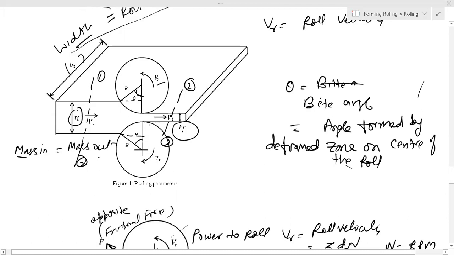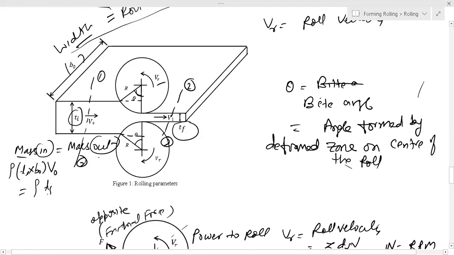So the mass flow rate before the roll, in and out. So the density of the material and the volume flow rate or discharge of the material, that is T initial into V naught, where T is the thickness and V naught is your velocity. Similarly, I am assuming the same density.